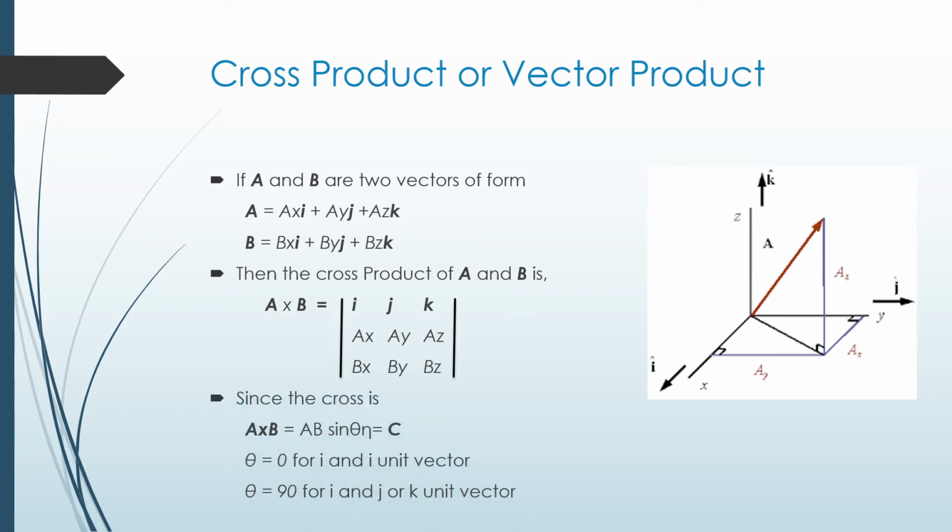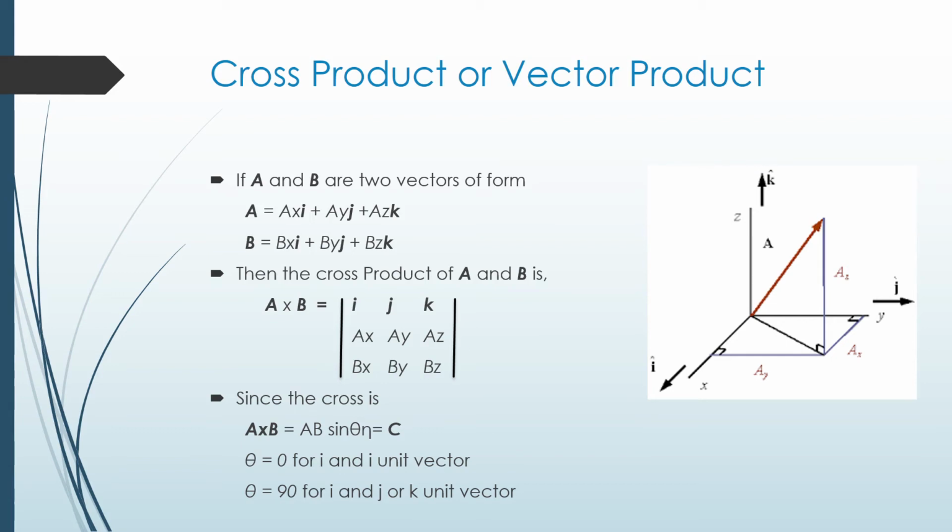And if you multiply them, since we know that A cross B is equal to AB sine theta, the resultant will always be perpendicular to both vector A and B. Theta is equal to 0 between two vectors having the same direction, that is i unit vector and i unit vector, and theta is equal to 90 for i and j, or with the k unit vector.